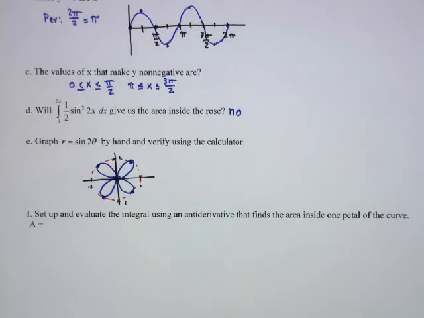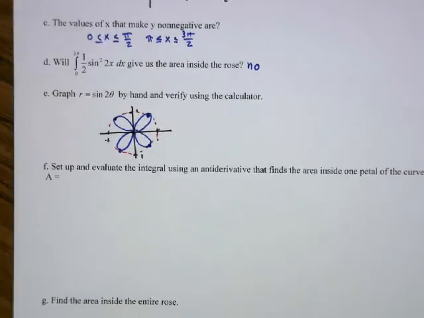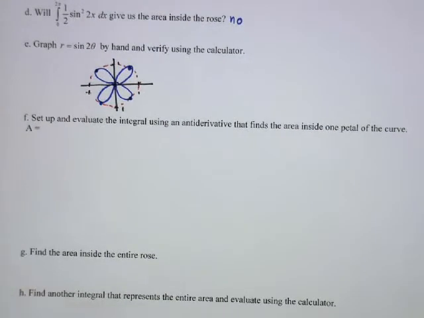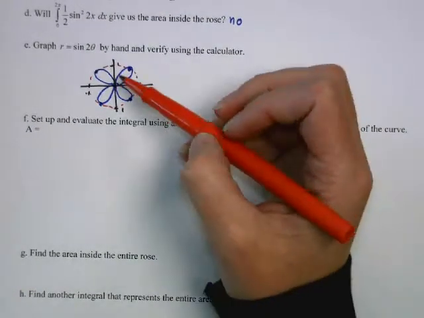Okay, so we're going to set up and evaluate an antiderivative that finds the area inside one petal of the curve. Okay, so we're going to find this petal.